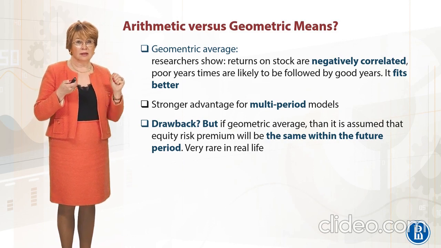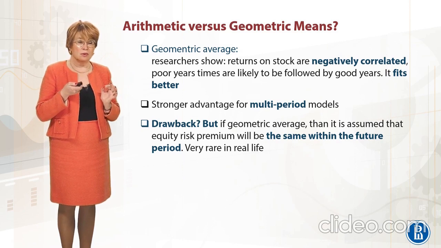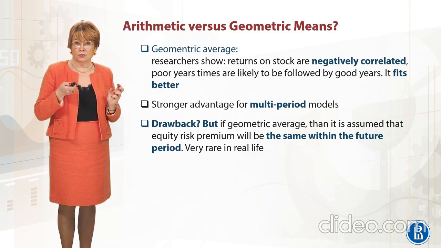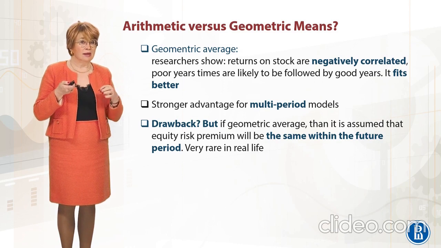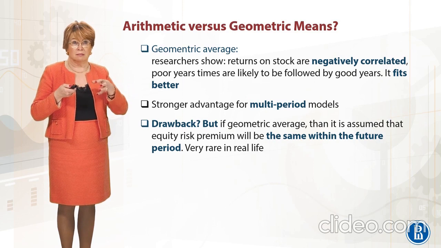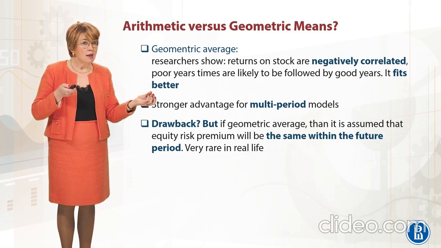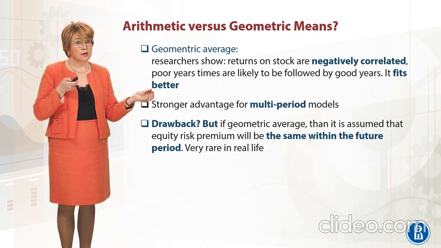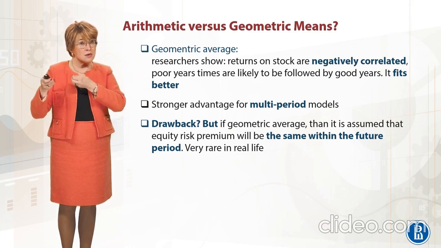And it says that the rates of return on many stocks could be negatively correlated. And then the historic mean is not good, because the historic mean is the technique which considers year on year.